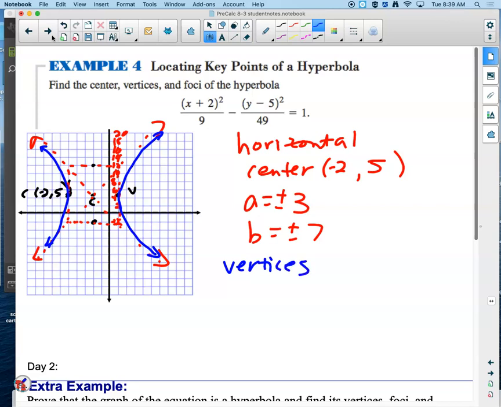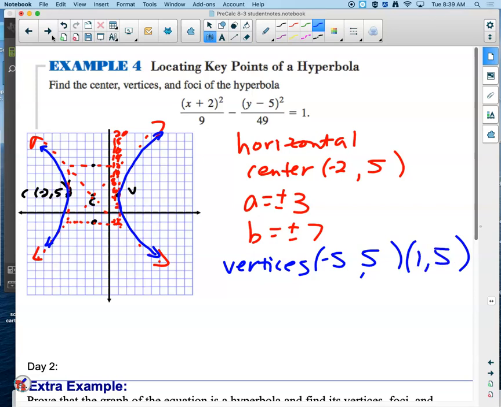And then we'll figure out the foci. All right, so we had a center at (-2, 5), and we had to go left and right by 3 units. So that means the x is going to change. -2 minus 3 would give us (-5, 5), and -2 plus 3 would give us (1, 5).